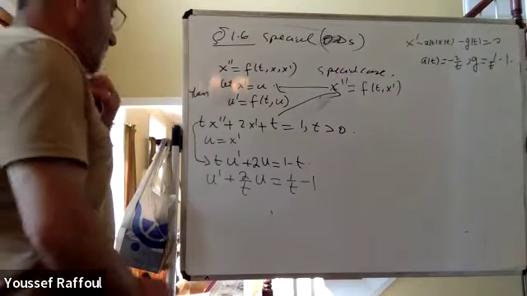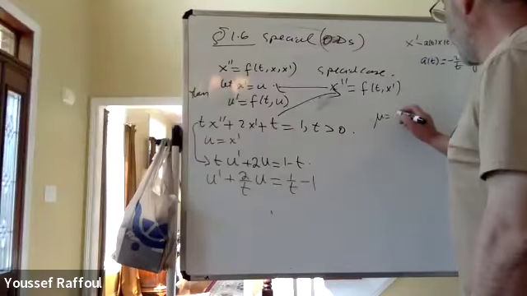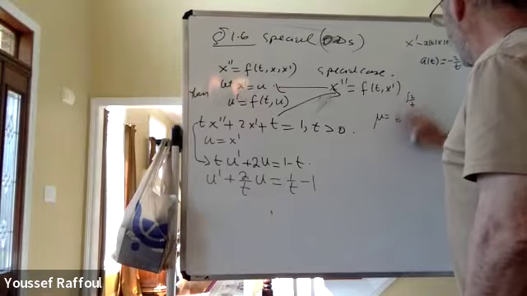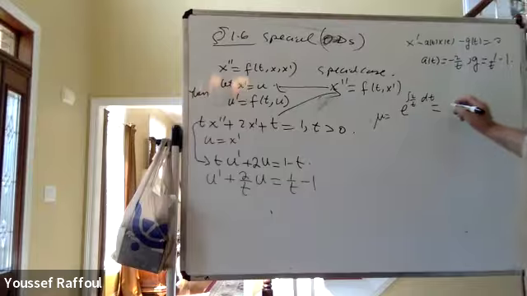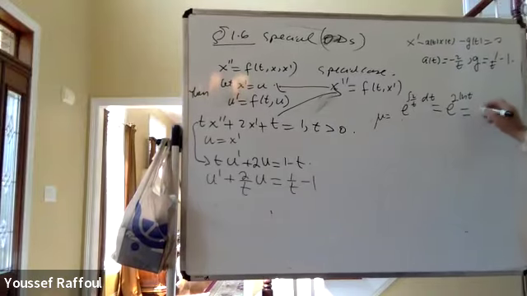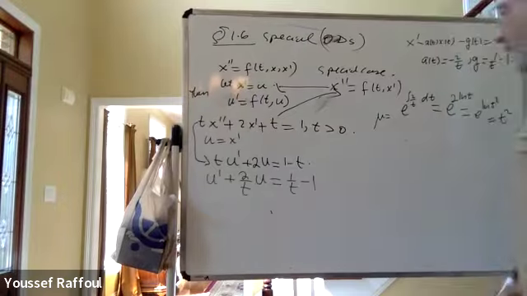What is the integrating factor for this equation? The integrating factor is e to the integral of 2 over t dt. That is e to the 2 ln of t, that is e to the ln of t squared, and that is t squared.